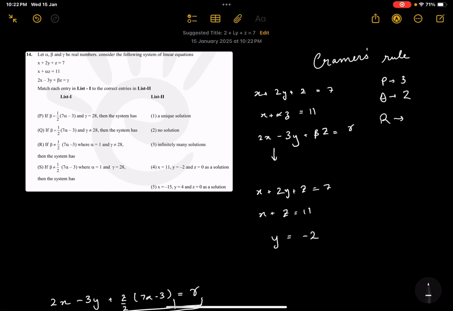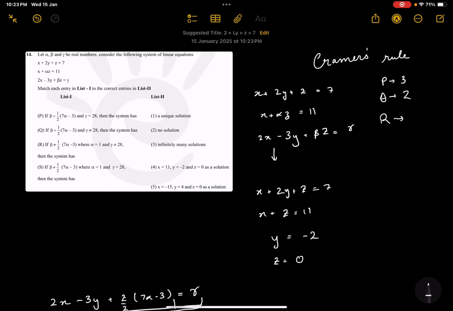And putting z equals 0, checking fourth and fifth option for this. So the fifth option cannot be correct, because y equals 4 won't satisfy the system of equations when alpha is 1. So for R and S, 5 cannot be the answer.